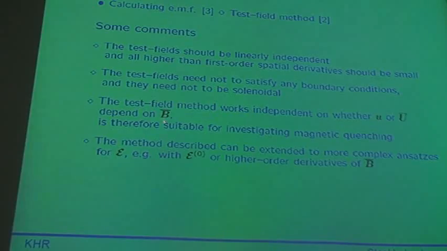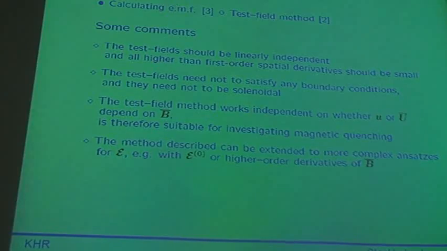The method works independent of whether U and U bar depend on B. So you can use it for investigations on magnetic quenching. You can extend it to other ansatz for E, which contain higher order derivatives of B.